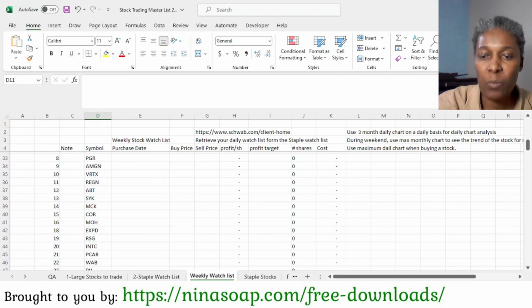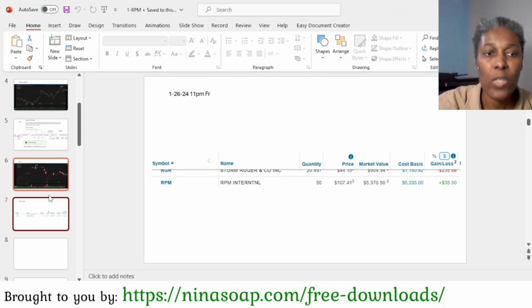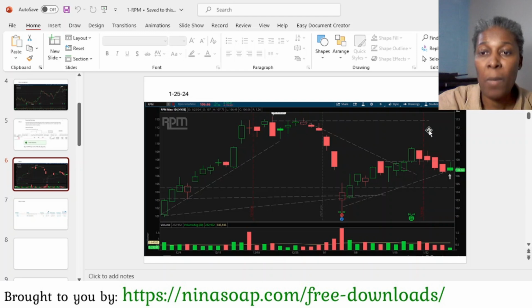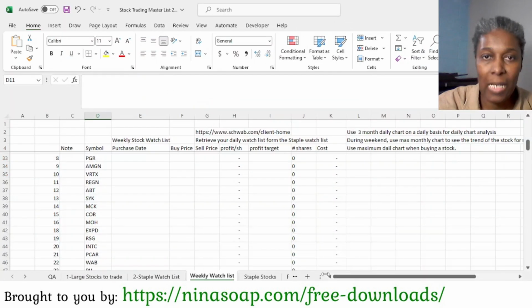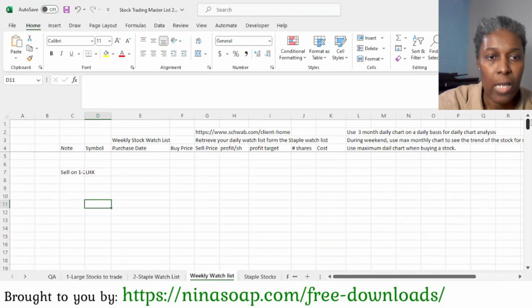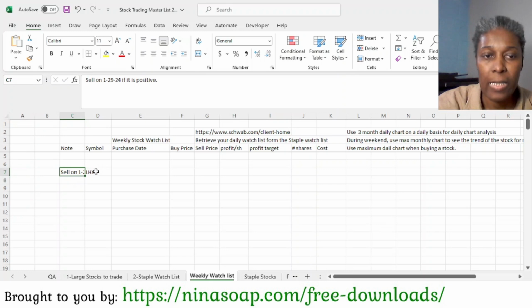And by keeping a record of the stocks you have in your portfolio, when you analyze the chart for that stock, before you take a screenshot to put in the journal, you will be able to determine if you need to sell it as well, and take notes in your watch list for the week to sell it the next day. In this video, we took a note to keep an eye on this specific one.